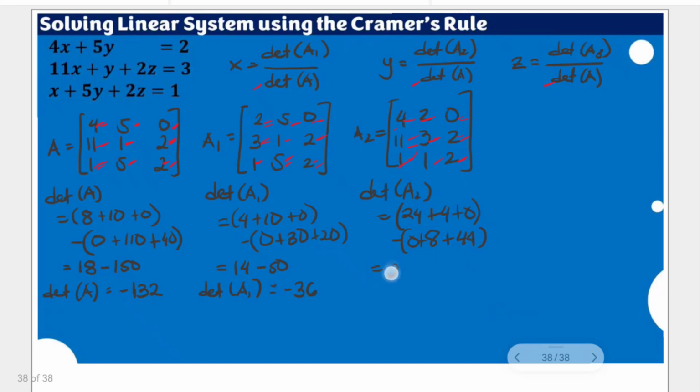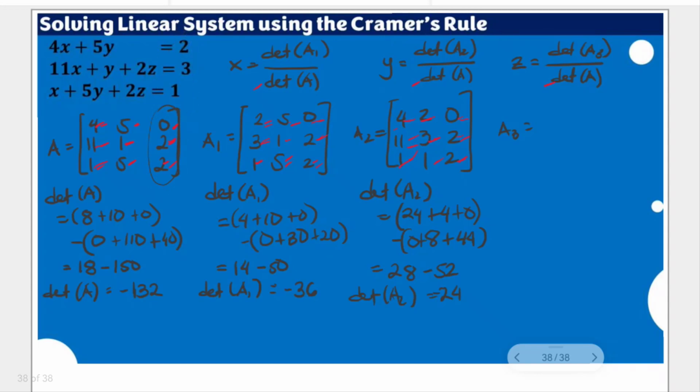So you will have here 28 minus 52. So the determinant of your A sub 2 is equal to negative 24.